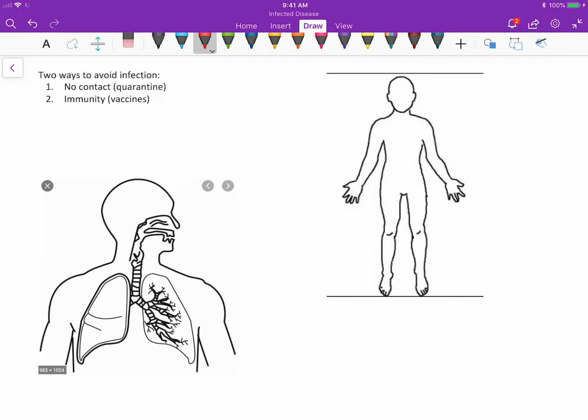Now, let me point out how exactly this works. The virus lives all throughout this respiratory tract here, in the lungs. And every time this guy breathes in and out, he is breathing virus particles into the air. We're going to use red as the most infectious, orange as semi, and then yellow as not quite as infectious.